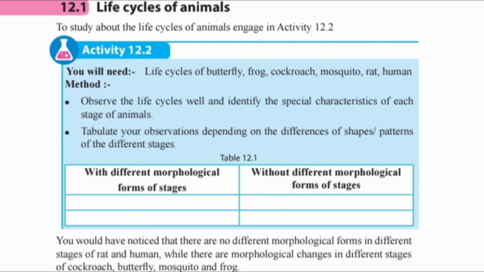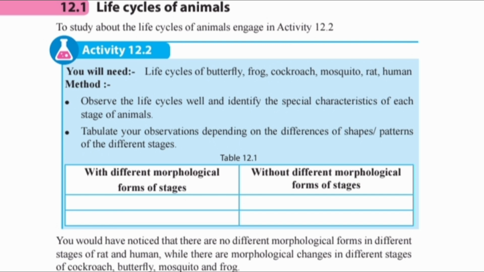Okay, now we are going to study about the life cycle of animals. So this is a table, and consider the following animals: butterfly, rat, mosquito, human, cockroach, depending on the differences of shapes, patterns.